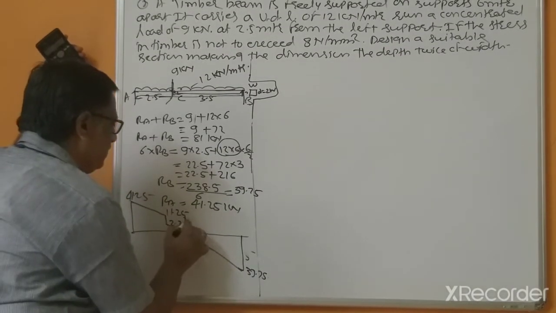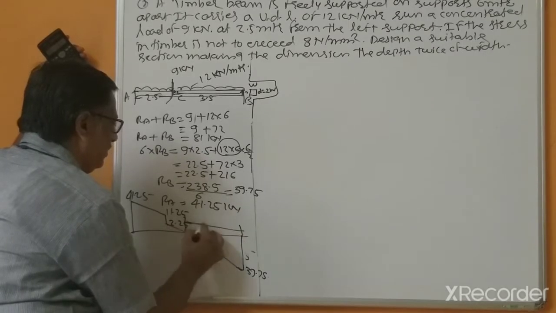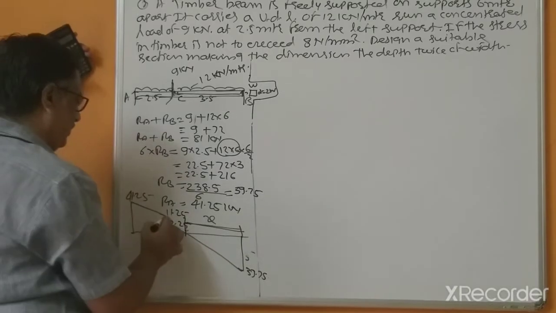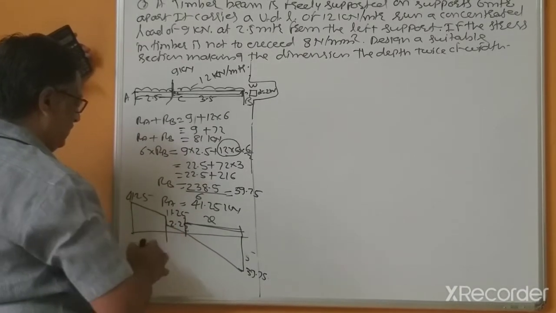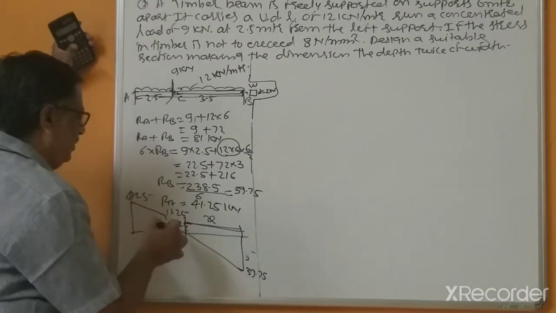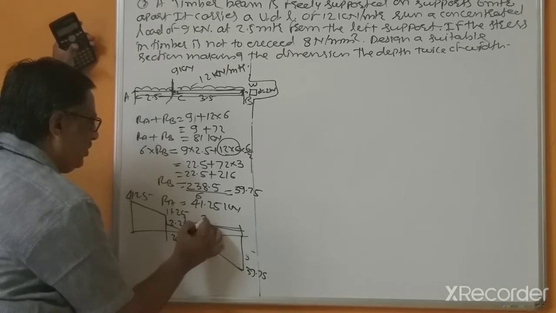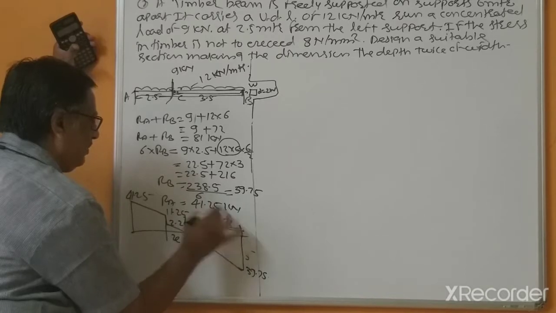Now here, this distance is equal to x, and this is 3.5 minus x.